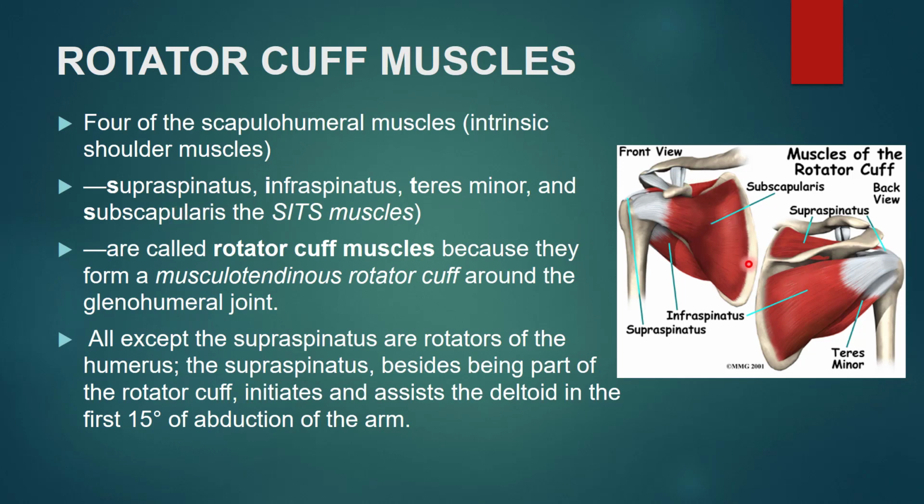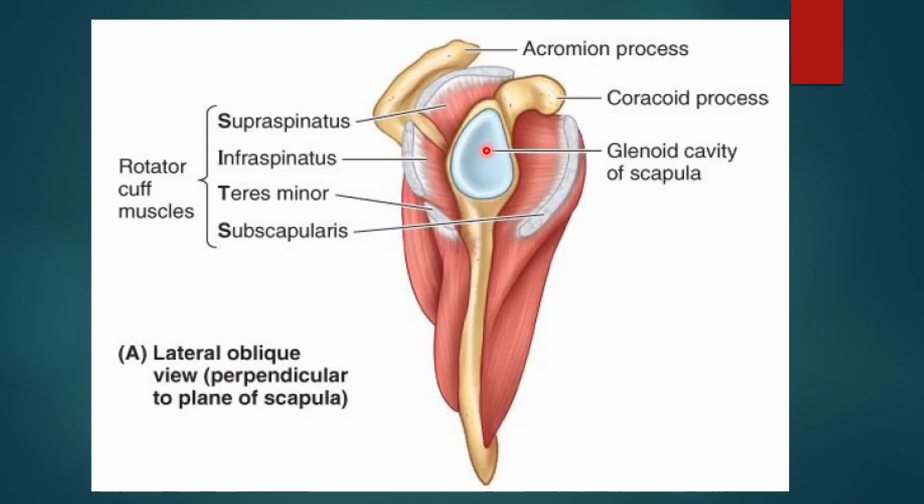See here in this diagram, this is subscapularis, this is supraspinatus, infraspinatus, and teres minor muscle. They are forming the rotator cuff around the shoulder joint. That's why they are named rotator cuff muscles or SITS muscles. See here in this diagram, this is the glenoid cavity of the scapula, and there are four muscles which are forming the rotator cuff.